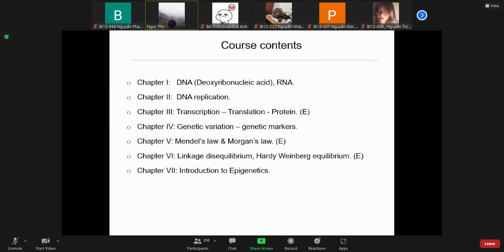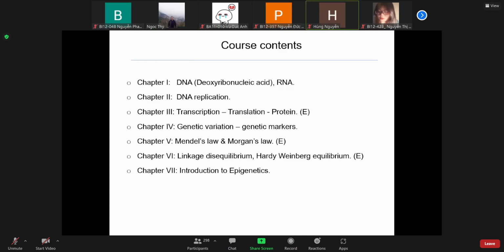And genetic markers, what is a genetic marker and what is the application of genetic markers in forensic science and also in parenting testing. And in the next chapter, we will discuss the classical laws of inheritance, Mendel's law and Morgan's law.